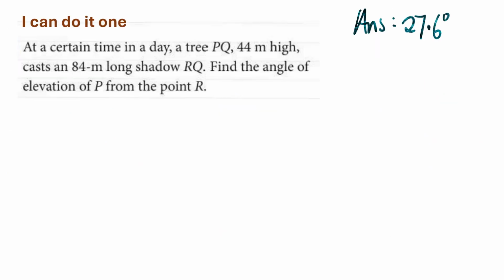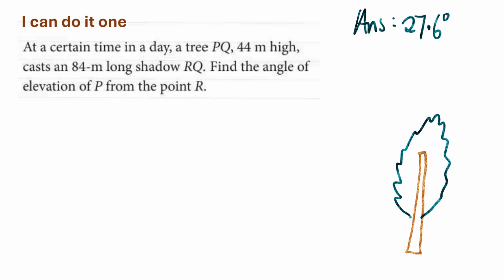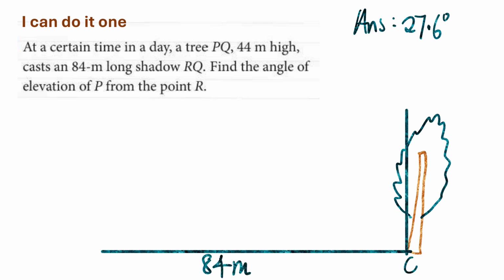Right, so this is the time for you to try to do some questions on your own. Now this concept, angle of elevation and depression, is a rather easy concept. So you should be able to do these questions on your own. All right, so on a certain day, a pole PQ, 44 meter, casts an 84 meter long shadow RQ.